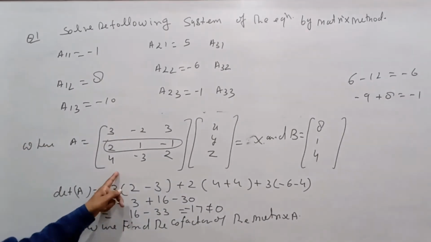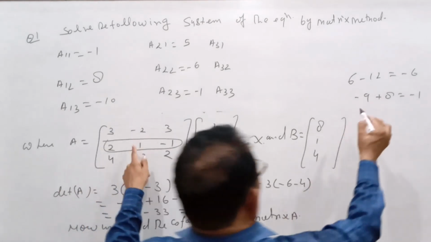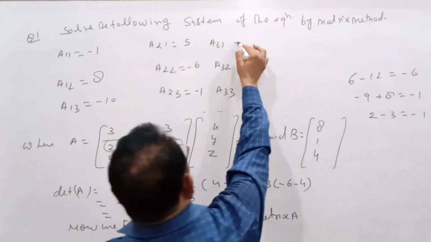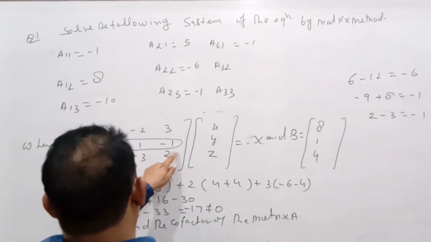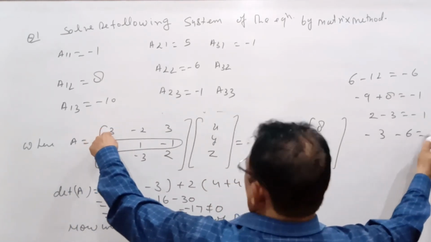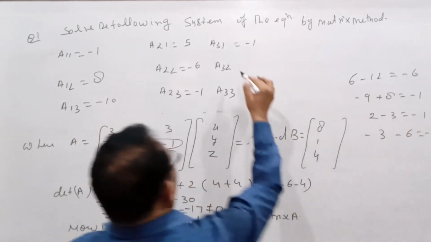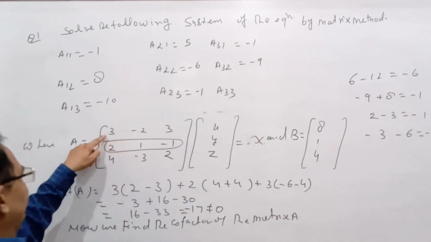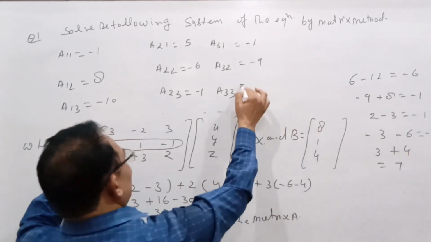Now the cofactor of the third row: -3 or -6, -9, that is 1, 3 and +4 is equal to 7.